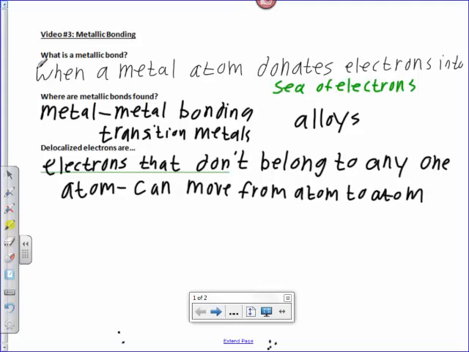Alright, so put it all together. You have a metal bonding to a metal, so every electron of those metals is going to be donated to the sea of electrons. They're kind of socialists. Those delocalized electrons don't belong to that one atom anymore, so they can move around, and that gives it some properties.